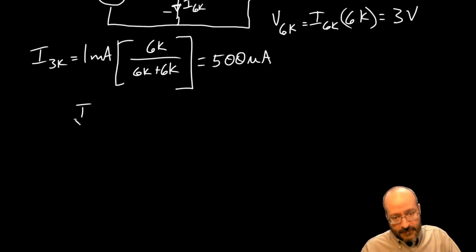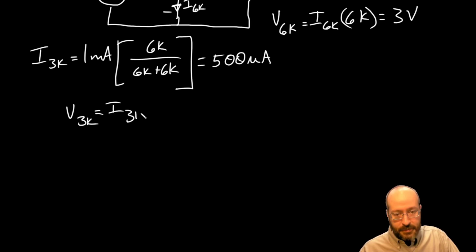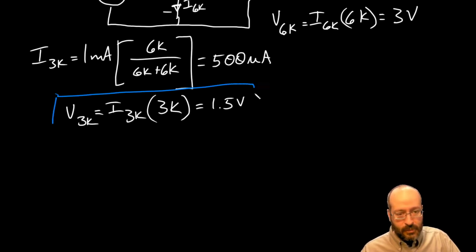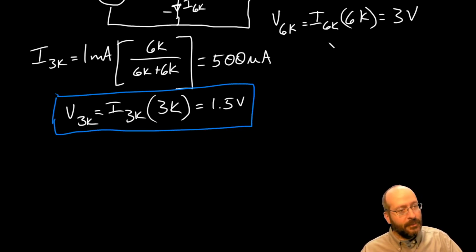All right. So we want to find the voltage across the 3K by taking the current through the 3K and multiplying by 3K. Okay. If we do that, we're going to find that it's 1.5 volts. Okay, so we'll go with blue. I was hoping for red. We got blue. We'll stick with it.